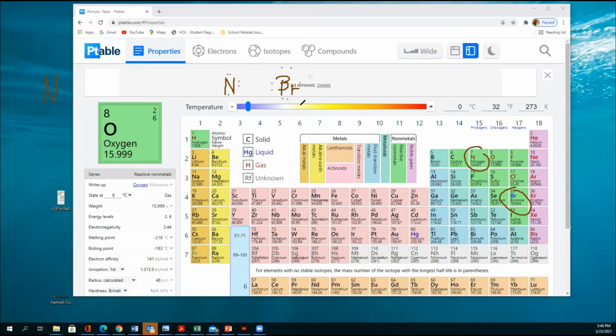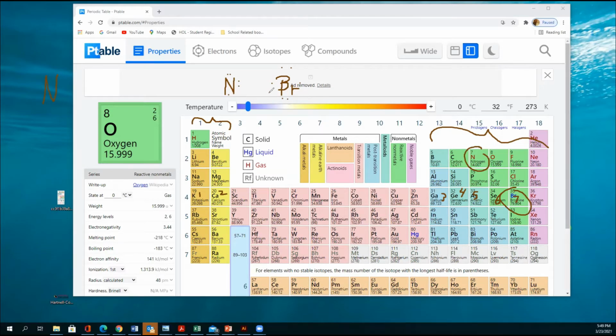Okay, and so when we want to figure out the number of valence electrons, it's pretty easy. All we're going to be looking at is the s and the p orbitals, and then we're just going to count in that period. So that's 1, 2, 3, 4, 5, 6, 7. So 7 valence electrons.